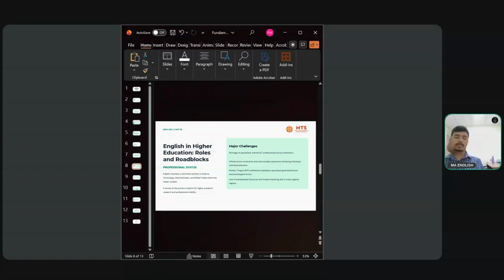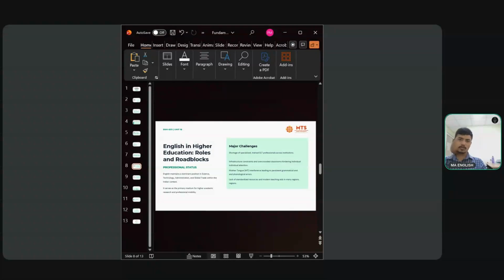It is the primary medium of instruction in most sciences, technology, administration, law, and medicine. Research papers are written in English. International conferences are conducted in English. If a student wants to access global academic resources, textbooks, journals, online courses, they need English.